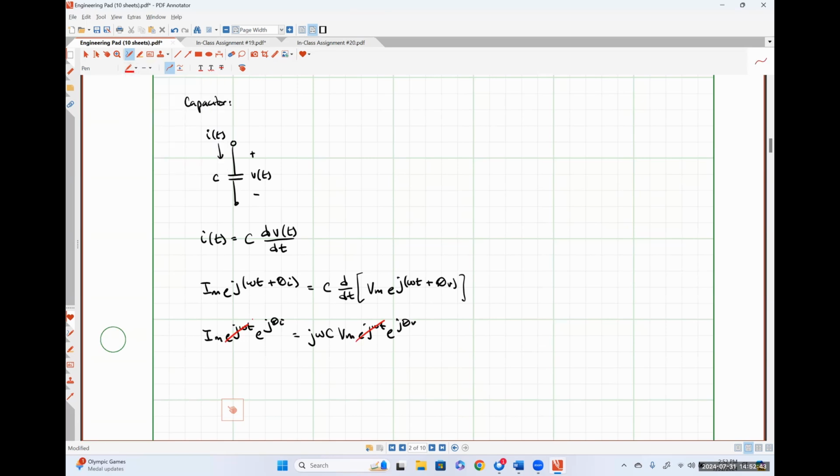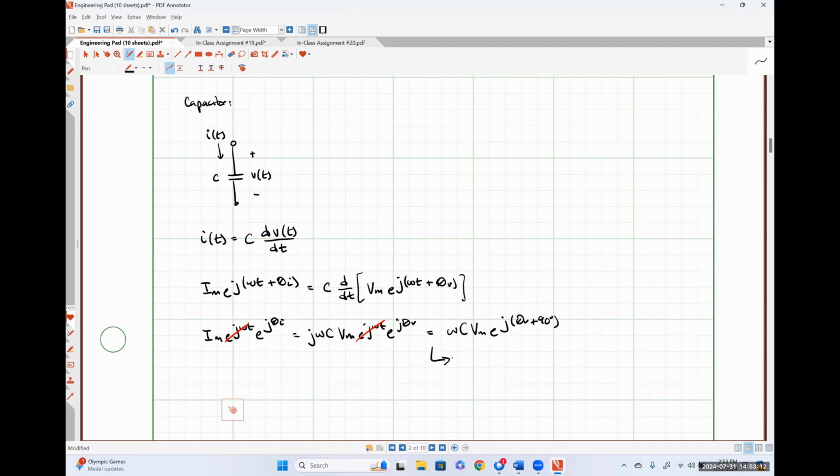And these e to the j omega t terms cancel each other out. Doing similar math to what we did before, when I multiply by a factor of j, that's just adding 90 degrees to my phase angle. So I could write this as omega C Vm e to the j theta v plus 90 degrees.